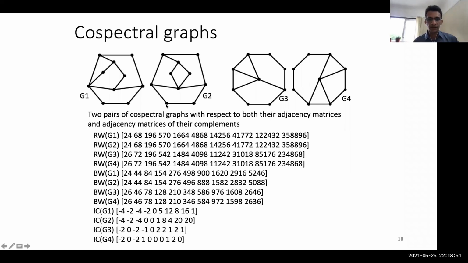So when we computed the random walks, we can see that R1, the random walk for graph 1 and graph 2, are the same. But the backtrackless walk embeds the graph in a different feature space, because these values start changing from the 5th component and so on. Similarly, the Ihara coefficients give different values for these two graphs and for the other pairs as well.